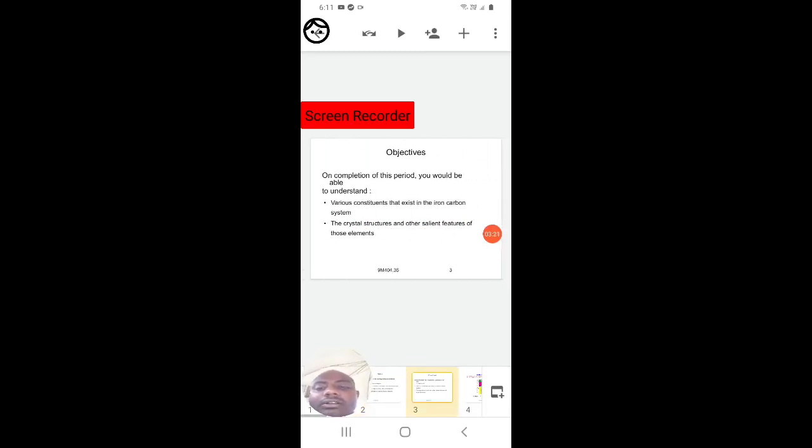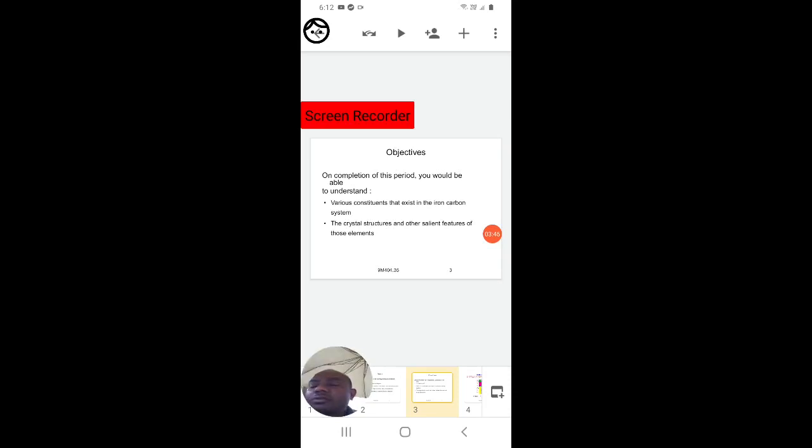So today's objectives: on completion of this period, you would be able to understand the various constituents that exist in the iron carbon equilibrium system, the crystal structures and salient features of those elements.